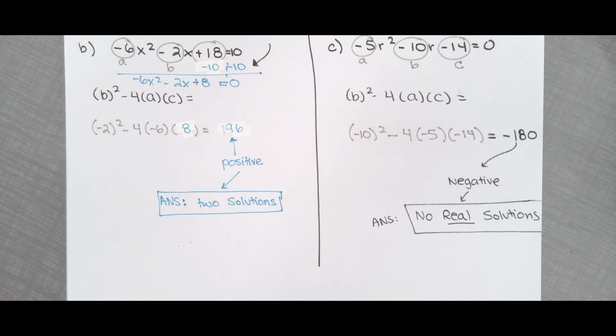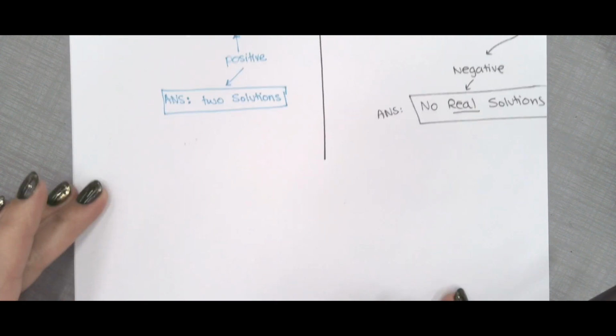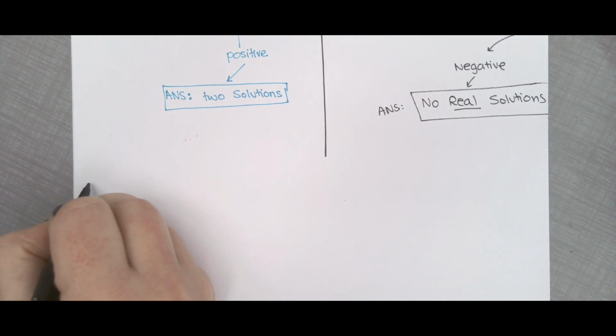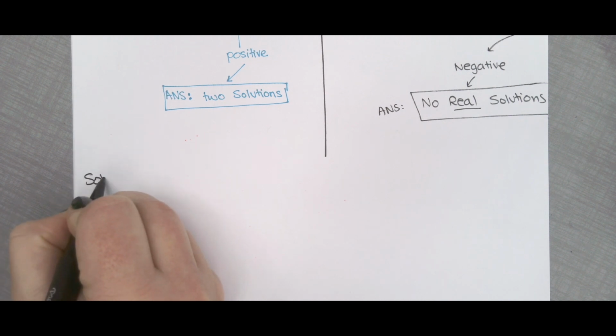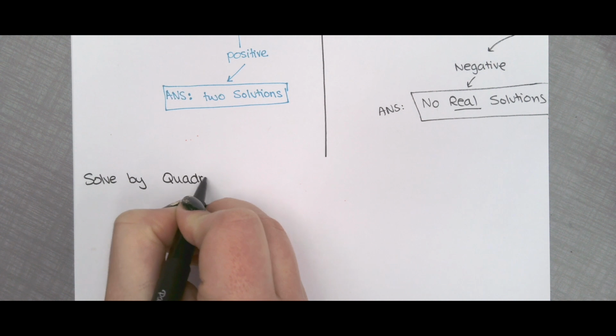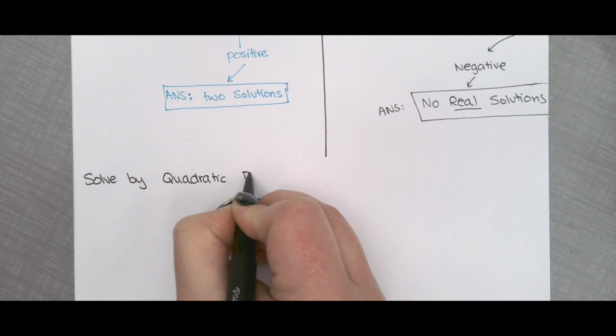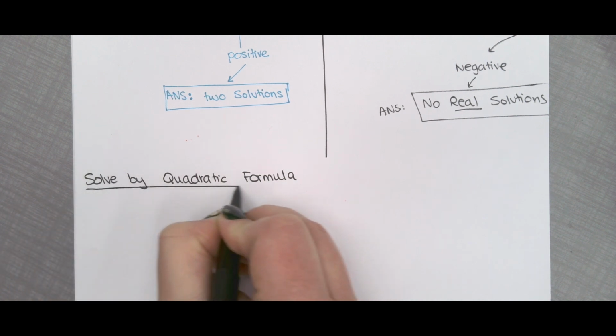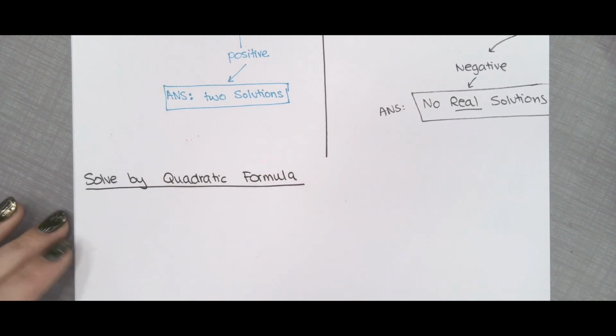Okay, beautiful people. Why do we care about the discriminant? Because the discriminant is part of what kind of fancy formula? Quadratic. You're absolutely right. Okay, so next up, solve by quadratic formula.